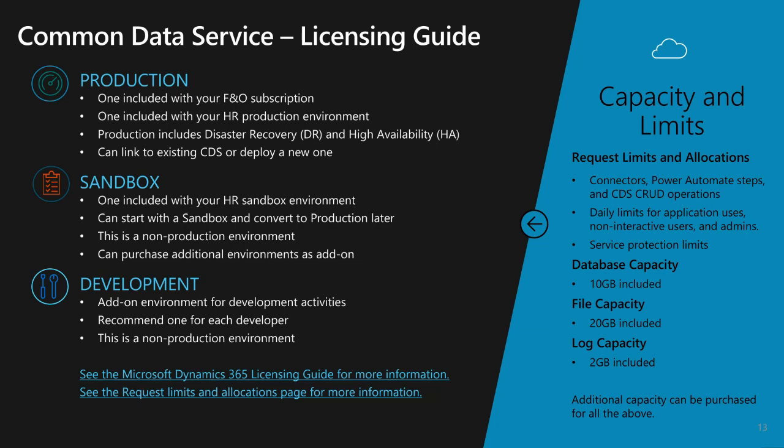And you can, depending on your needs, tailor these service protection limits by acquiring additional capacity. So like the SQL and file storage capacity that's included with your finance and operations subscription, you have database file and log capacity that is included with your Common Data Service subscription, and additional capacity can be purchased for those as well.